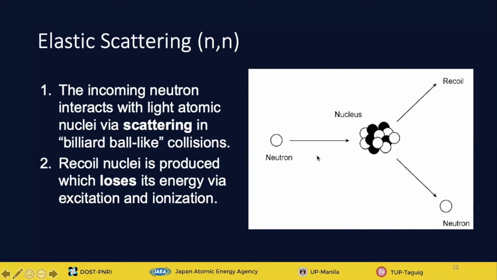This initial neutron right here and this final neutron right here do not have to be the same, which means that this neutron can knock out a neutron from the nucleus of this atom, or just like a billiard ball, it can also just simply be elastically scattered through here as the nucleus recoils. So the recoiling of our nucleus here causes our nucleus to lose its energy via excitation and ionization.